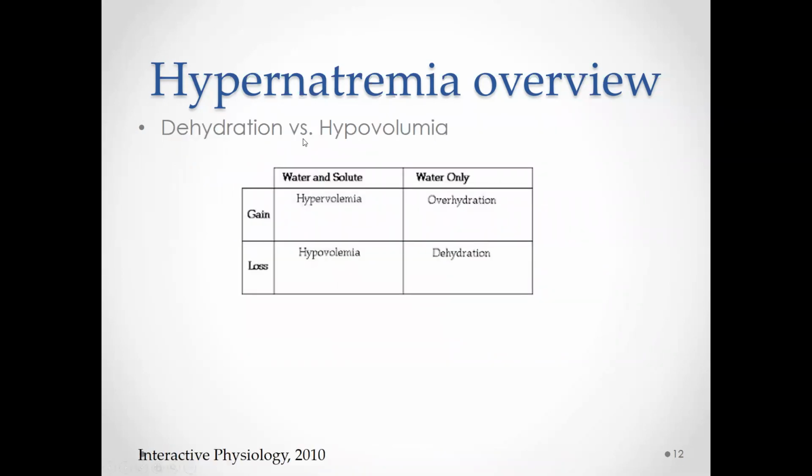Another term is dehydration versus hypovolemia. We tend to use these interchangeably, but dehydration is mainly the loss of water, and hypovolemia is loss of both water and solutes. And it's vice versa for the gaining case.